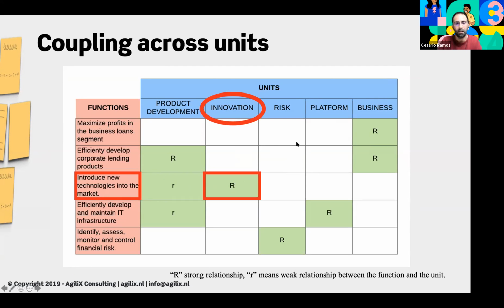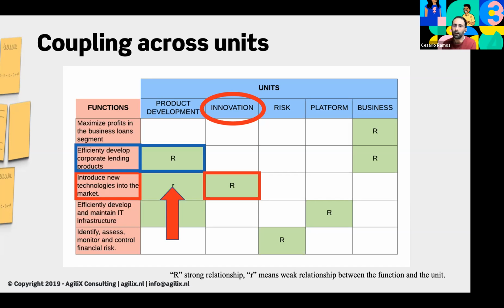But now let's look at the product development group. They have as their main responsibility, their main function, to develop efficient products. But as you can see here, the two functions and units are coupled.